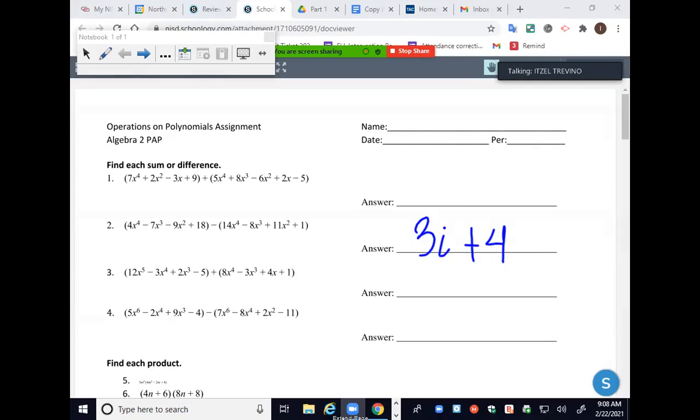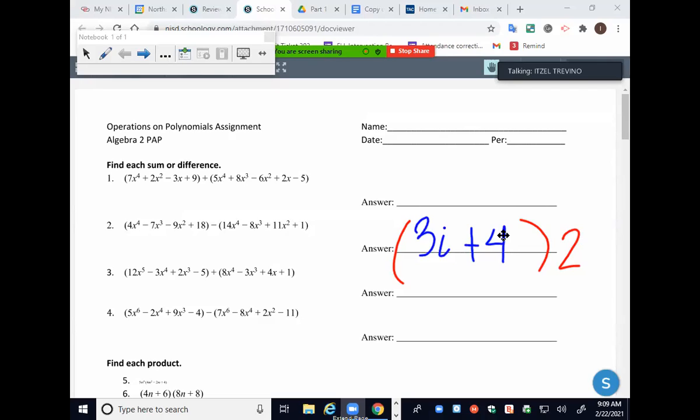We cannot add these two together because they're not like terms. So the same thing happens here. If they're not like terms, we cannot add or subtract them together. But we can definitely multiply them if we saw it like this.